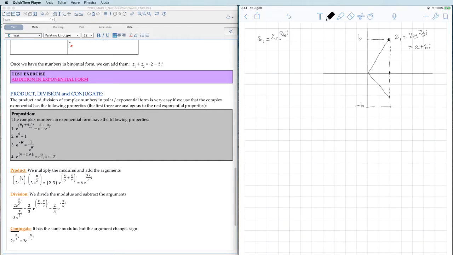So this is going to be its conjugate, z1 conjugate, and as you can see, these distances are the same, and the argument is just minus the argument. So if I want to conjugate this, I have to put the same modulus, and I just have to put a minus in front of the argument. Okay, so when we conjugate, we have the same modulus and minus the argument. And this reason is because we have this plot.